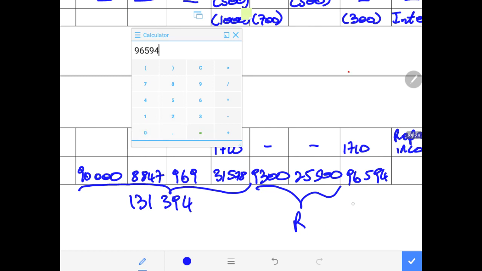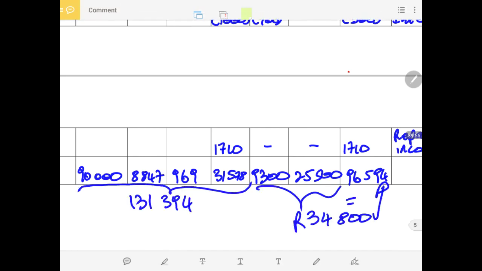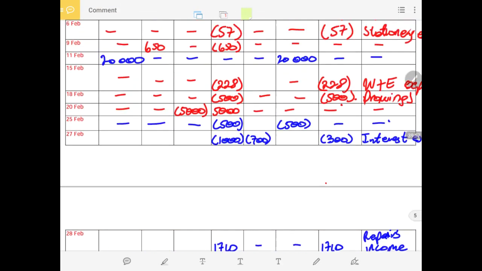Let me just confirm the total of the liabilities. 9,300 plus 25,500 is 34,800. And if you subtract that from 131,394, it's exactly 96,594. So always, as I highlighted, do the test for that entry, which is owner's equity.